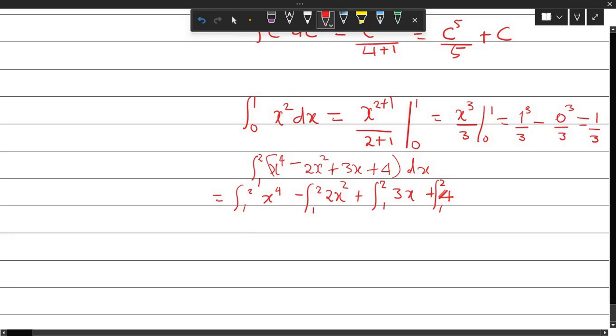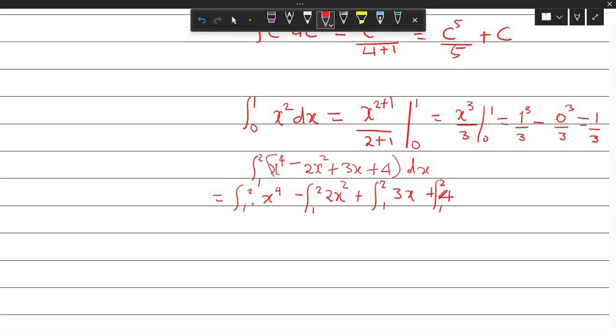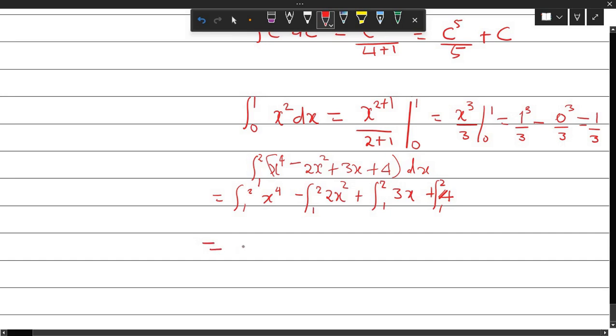You are integrating each term. So it's not necessarily advisable to write like this, but I'm just showing you to say if there is an integral here, it's affecting each and every variable here. So we'll apply our general formula.